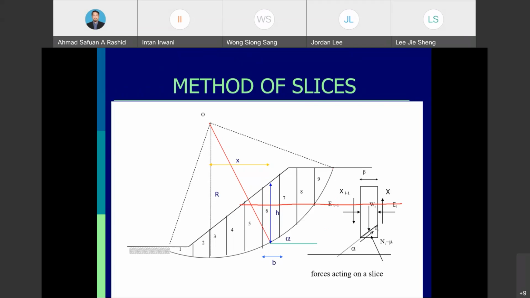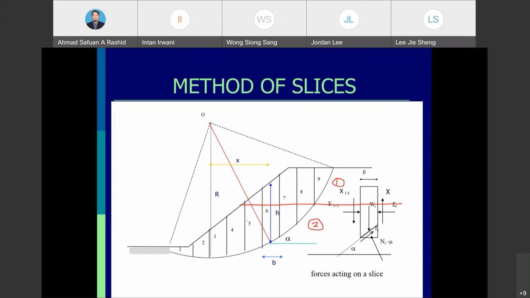For example, in this case, slice 9 consists of soil number 1, while for slices 1 to 8 the base only covers soil number 2. Otherwise, it will be wrong.